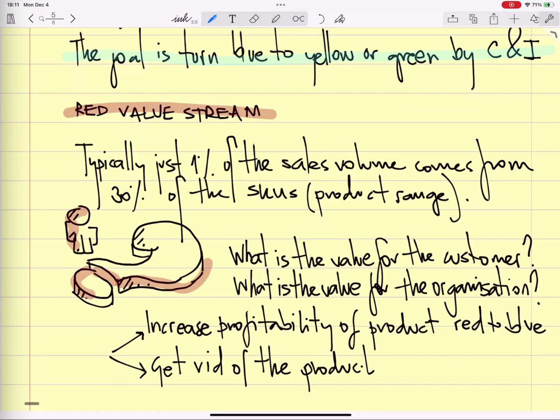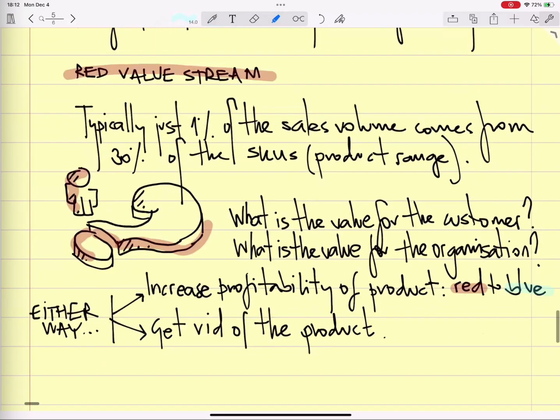Simply phase your product out. Okay? Either way. You can increase the profitability of the product by turning red to blue, or you just get rid of the product. Okay?